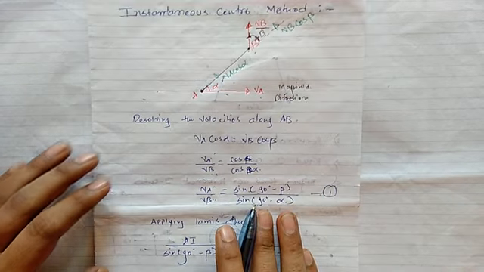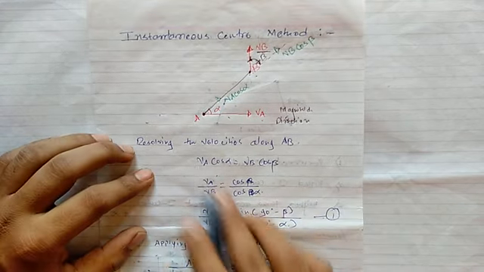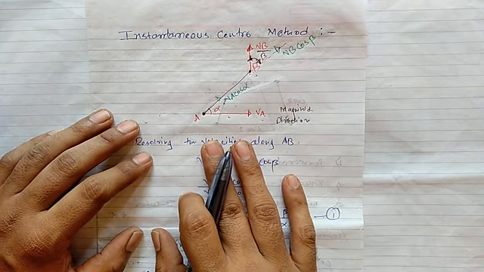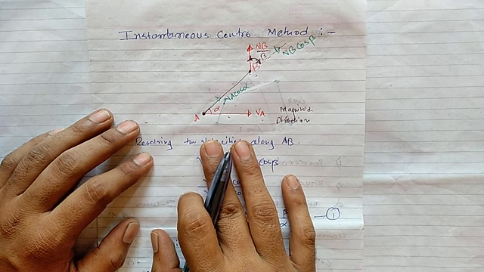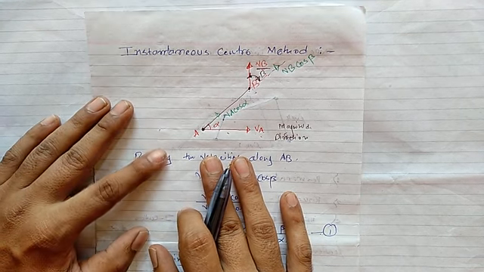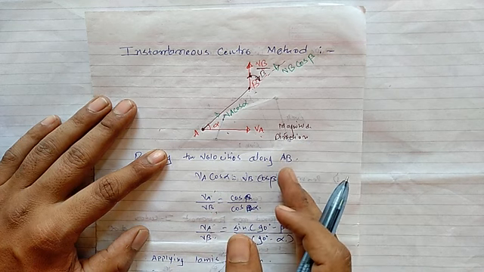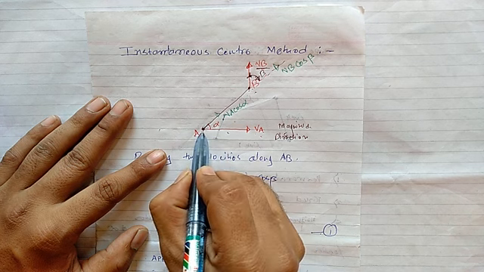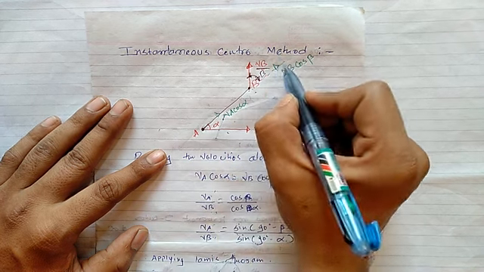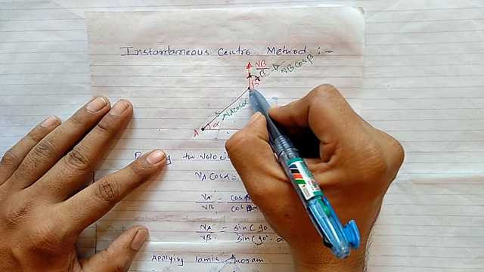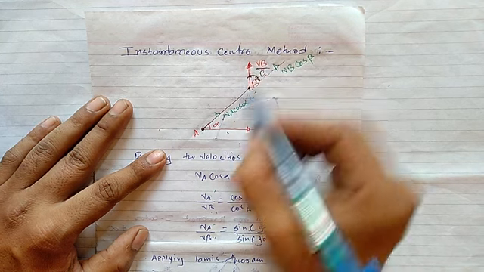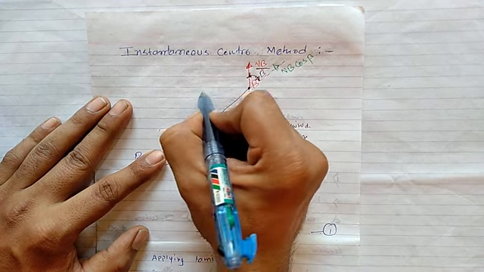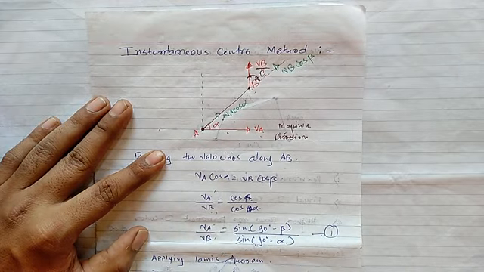So where can we apply Lami's theorem? Just refer here, that is AB. Now I want to trace the instantaneous center. How can you trace the instantaneous center of any body, link or mechanism? We have one relation. The direction of velocity at point A is moving in this direction, and the direction of velocity of point B is moving in this direction. With respect to VA, you have to draw a 90-degree line, that is the dotted line.